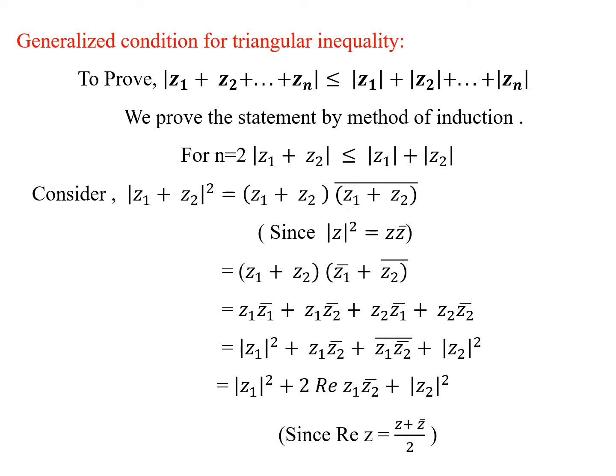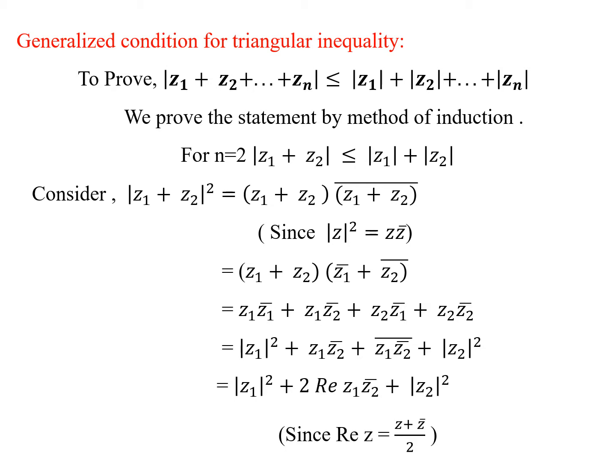We prove this result by the method of induction. For the initial case, we put n equal to 2, which means mod z1 plus z2, and we already have that result, the triangle inequality: mod z1 plus z2 is less than or equal to mod z1 plus mod z2.